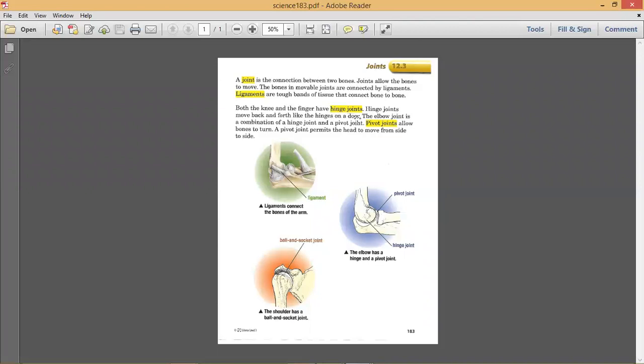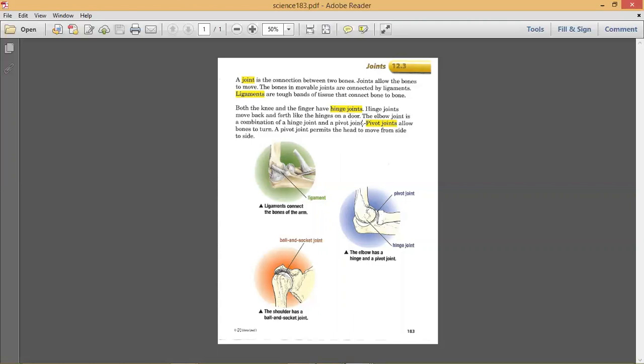Or if you can find a cabinet, I want you to open and close the door. Now there's a similarity to the door's movement and the way your knees bend. They both move back and forth. So these are what you call your hinge joints. Okay, it says here it moves back and forth like the hinges on a door. Okay, I hope you understand that.